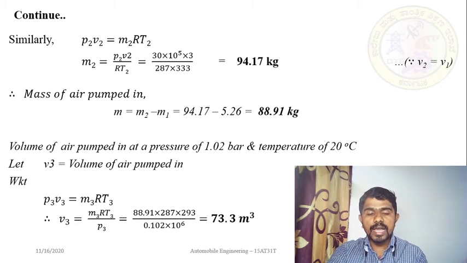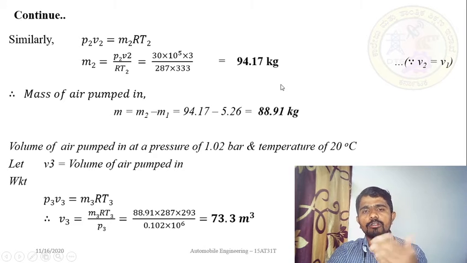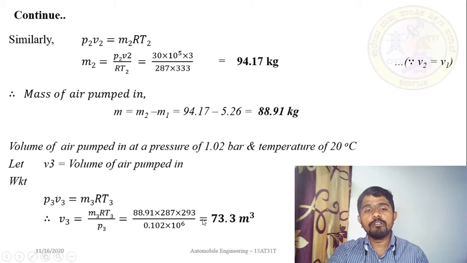Volume of gas. Is that okay? So now the only doubt if you ask is, why are we adding this mass 88.91 instead of 94.17 or 5.26 kg? Why can't we add M1 or M2 in this equation? No, we cannot add, because you are calculating the volume of the air which is pumped in.